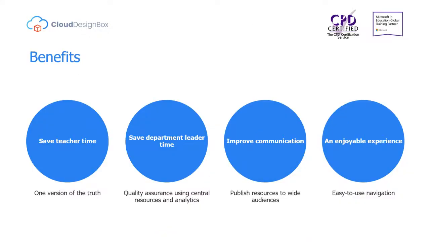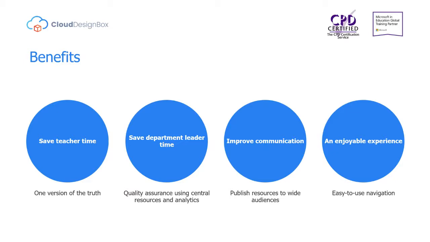And just to quickly go through some of the features and the benefits that we'll have a look at today. So some of the big benefits that we try and bring to Teams for education is saving teacher time. So making sure that you've got one version of the truth, rather than having to have extra copies of documents everywhere and create extra teacher workload.